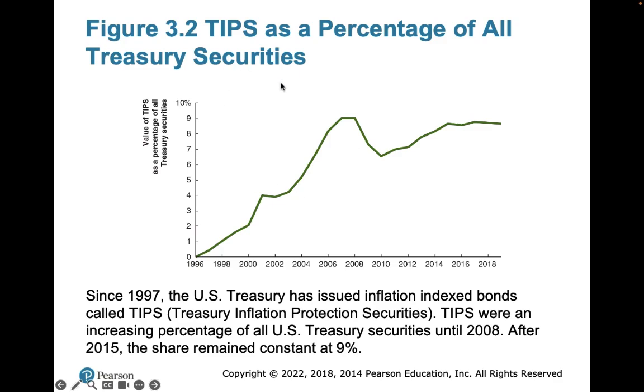Now we're going to look at another case study, TIPS as a percentage of all treasury securities, from 1997. The US Treasury has issued inflation-indexed bonds called TIPS, Treasury Inflation Protection Securities, which have been an increasing percentage of all US Treasury securities, until the share remained constant at 9%.